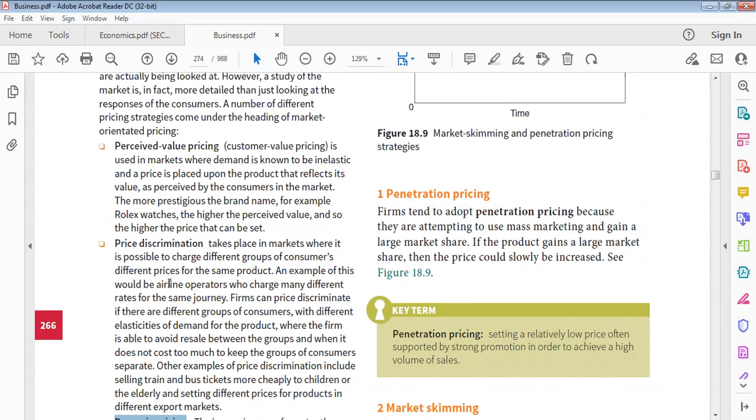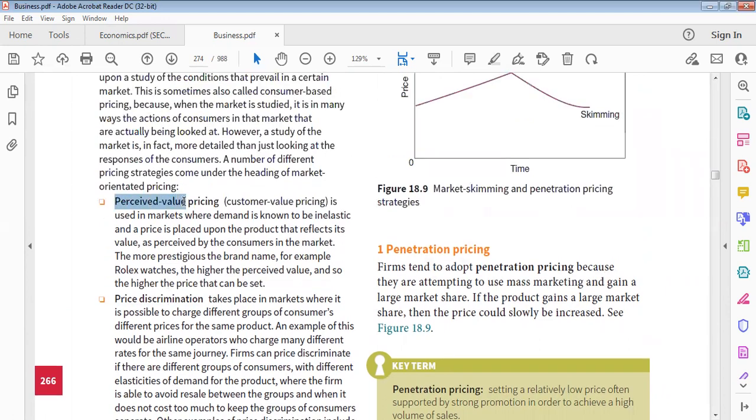So that could be an example. And they might even use perceived value pricing as well, right? So maybe they want to portray an image of good quality at a moderate price. So maybe that's why their price is not too high, not too low, at a moderate level currently. That might be perceived value pricing.